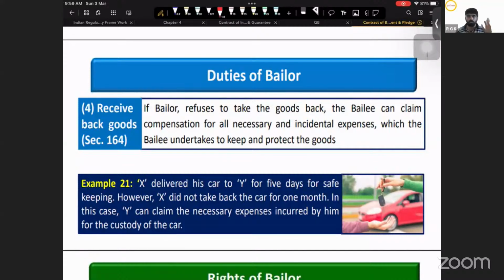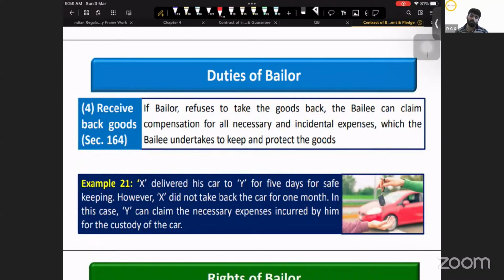Whatever extra expenses bailee is going to incur for safeguarding and protecting the goods, even after the lapse of time, bailer has to compensate bailee for such expenses. So if bailer refuses to take the goods back, bailee can claim compensation for all necessary and incidental expenses which the bailee undertakes to keep and protect the goods.